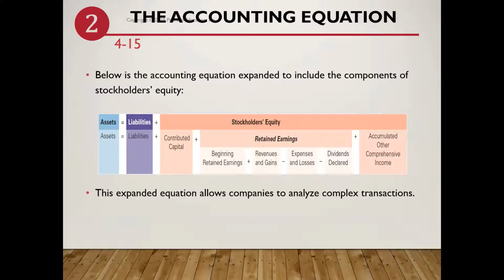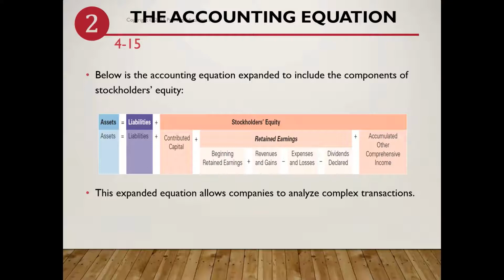An expanded version of the basic accounting equation includes the various components of stockholders' equity. Stockholders' equity in equation form is: stockholders' equity equals contributed capital plus ending retained earnings plus accumulated other comprehensive income.